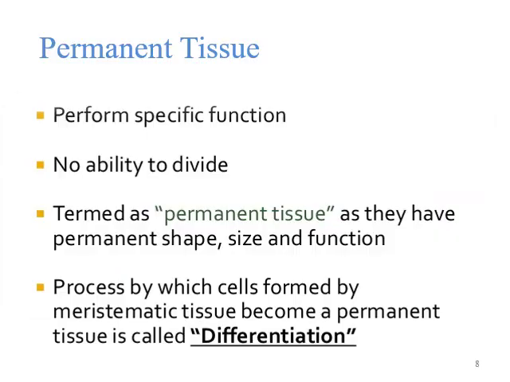So the permanent tissues are those tissues that perform a very particular and definite function. In addition to these, these tissues have lost the power of division. And their cells are of definite form and size. Here we use the term permanent tissue as they have a permanent shape, size and function.